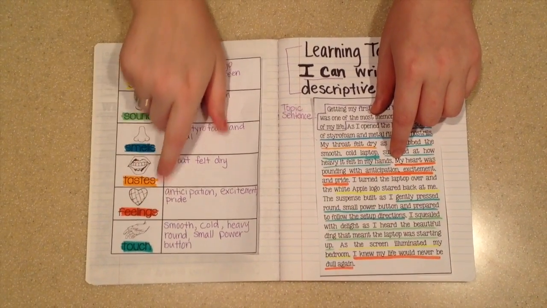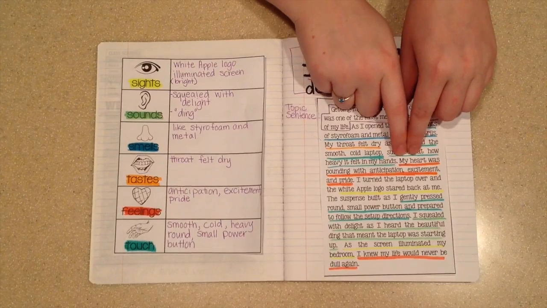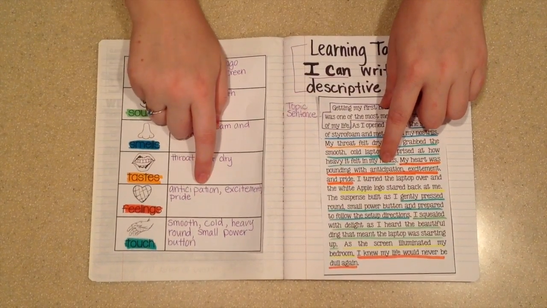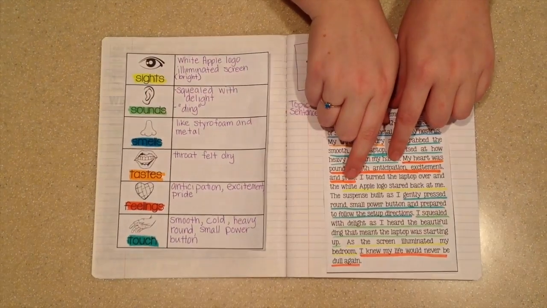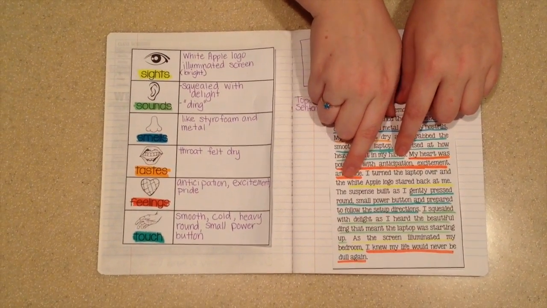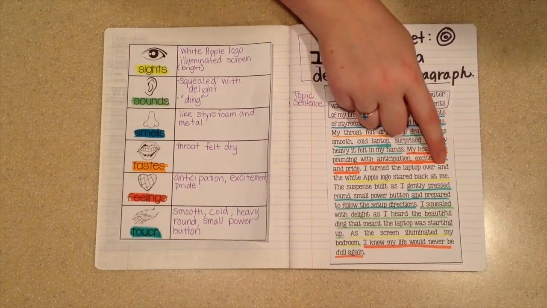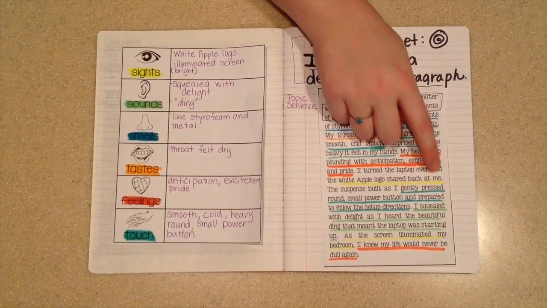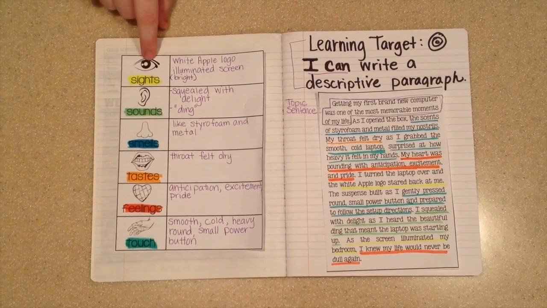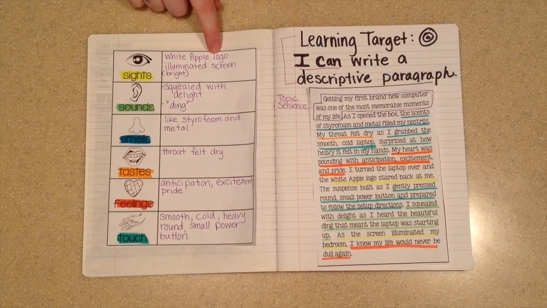Okay, the colors are a little bit similar, so sorry about that. But we're feeling anticipation, excitement, and pride. Alright, and I turned the laptop over and the white Apple logo stared back at me. So that's going to be something we see. So we see the white Apple logo.